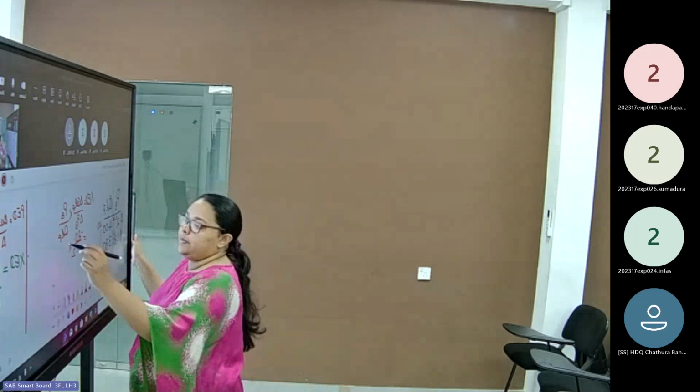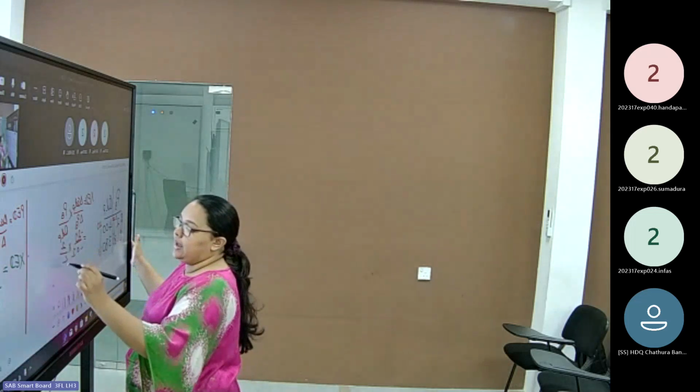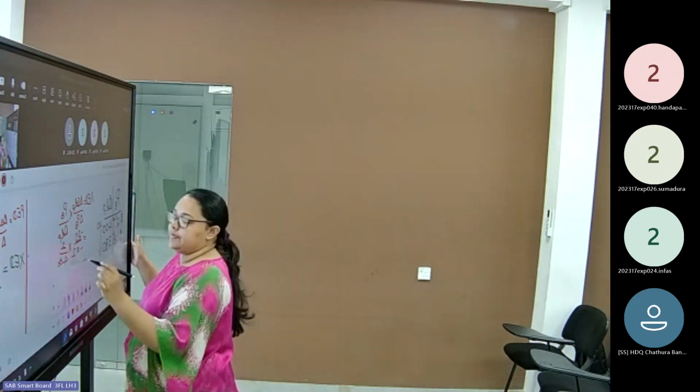Therefore, we are getting minus 20 divided by minus 0.2, into 2 divided by 400.